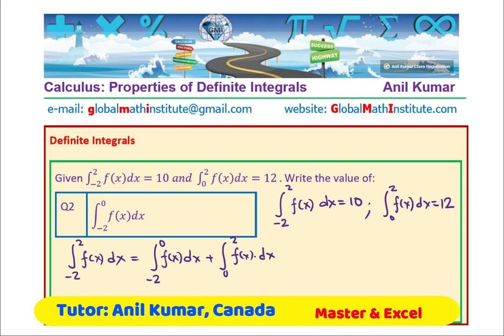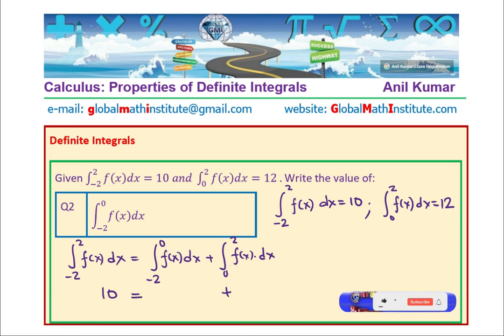Now we are given 2 of these integrals. The third one we need to figure out, correct? Substituting their values, from -2 to 2 we are given it is 10, so 10 is equal to the integral from -2 to 0 plus the integral from 0 to 2, which we are given is equal to 12. And from here, we can evaluate the integral from -2 to 0. Is that clear to you?